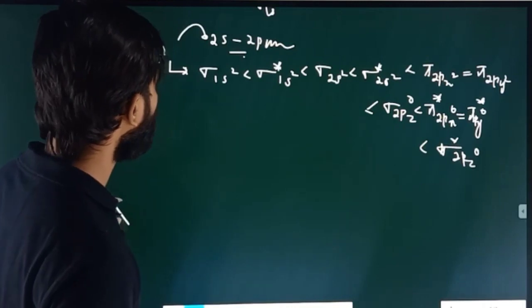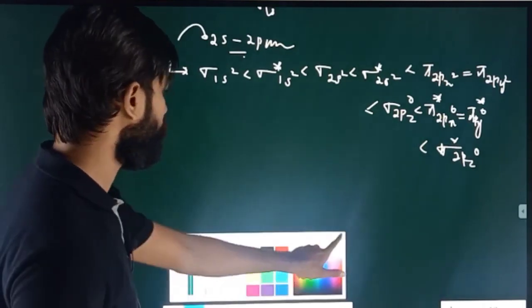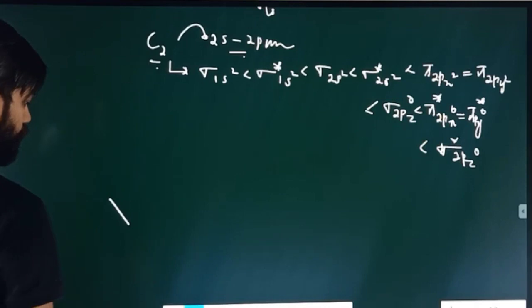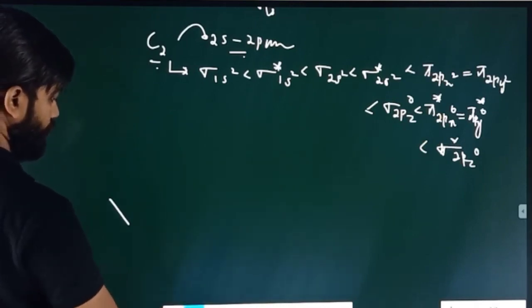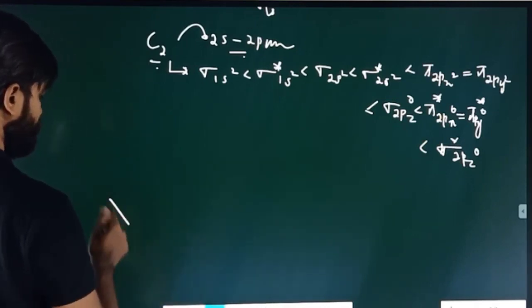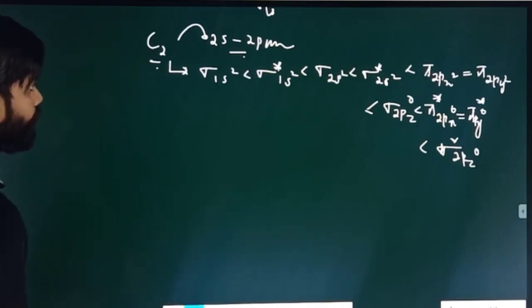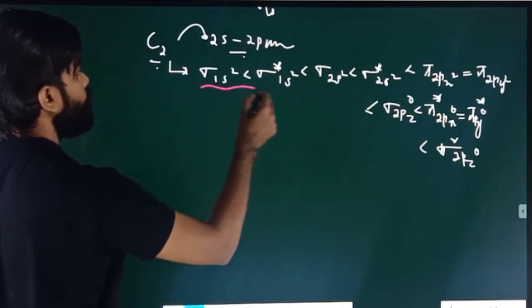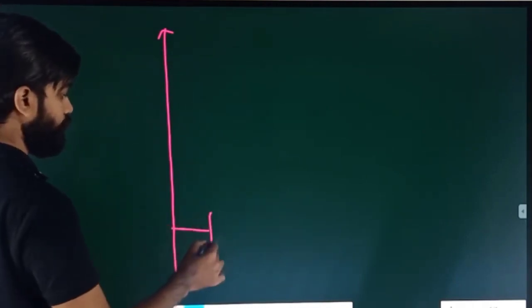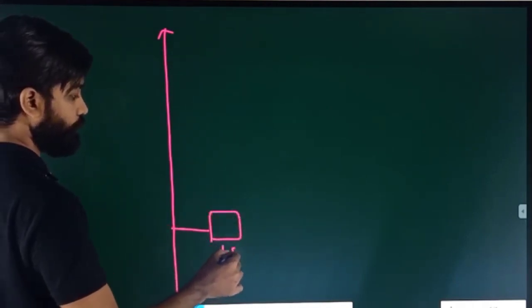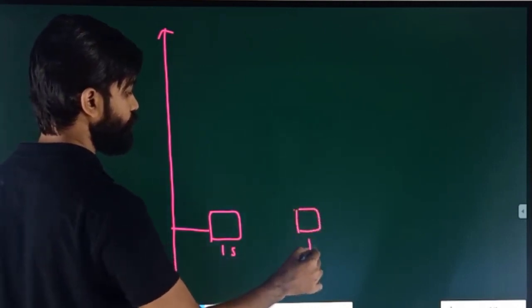So how can we draw this? First draw this one. If this is the energy axis, this is 1s, this is another 1s.